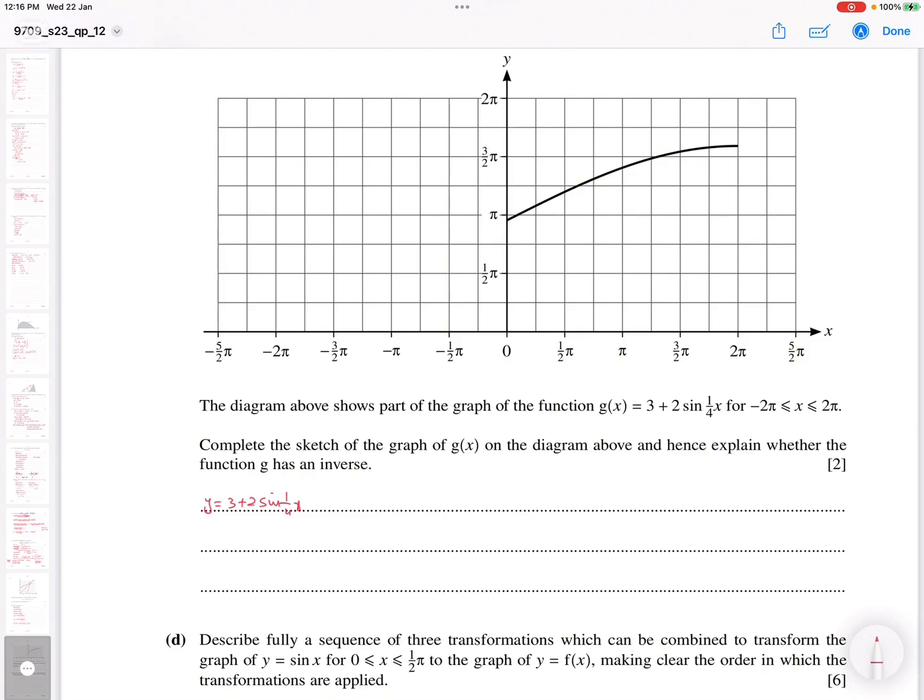x is equal to minus half pi here, so I will get 2.23.